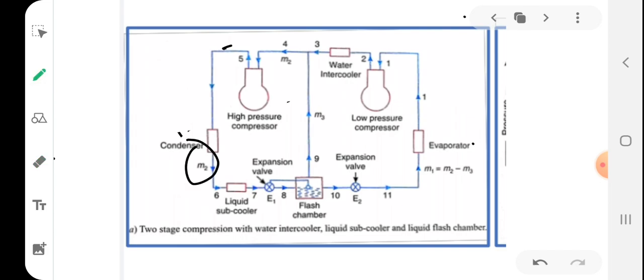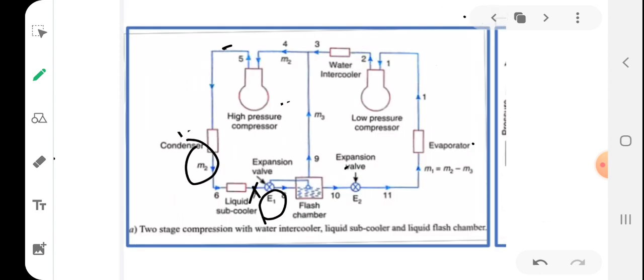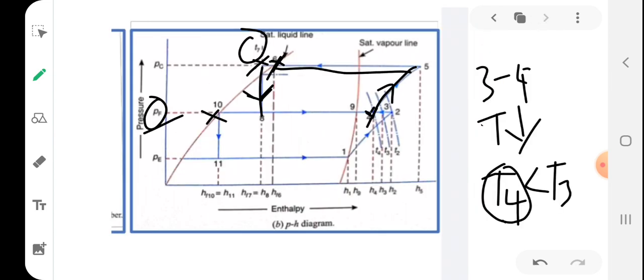At the lower temperature T7, it passes through an expansion valve E1 so that its pressure and temperature get reduced. So here you can see up to 8. To what pressure is it getting lowered? To the flash chamber pressure, PF. All these pressures are the same.